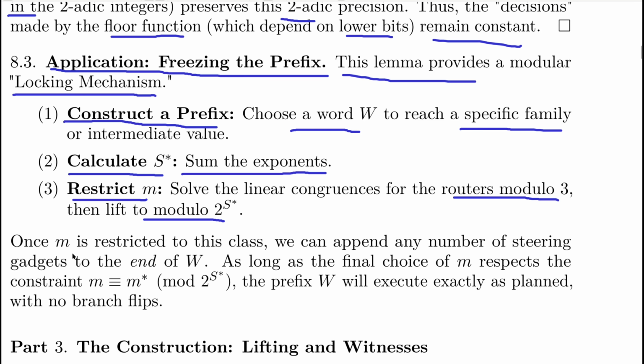Once M is restricted to this class, we can append any number of steering gadgets to the end of W, as long as the final choice of M respects the constraint M congruent to M star mod 2 raised to S star. The prefix W will execute exactly as planned with no branch flips.